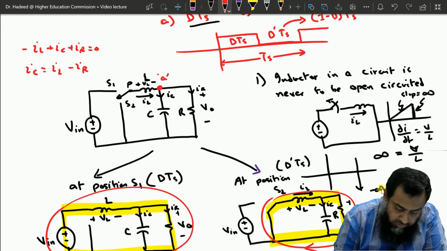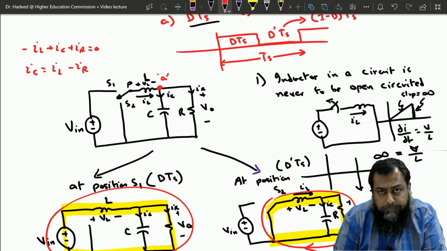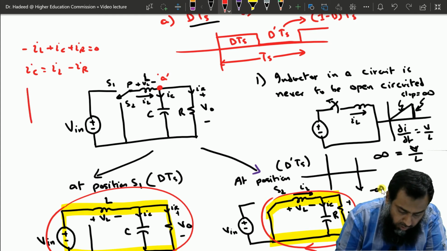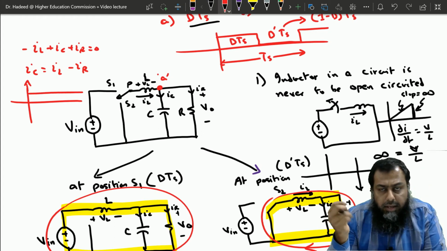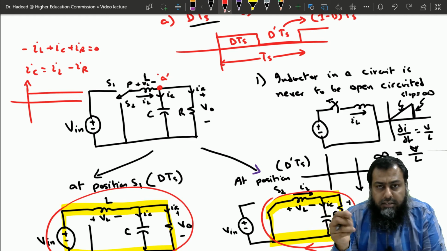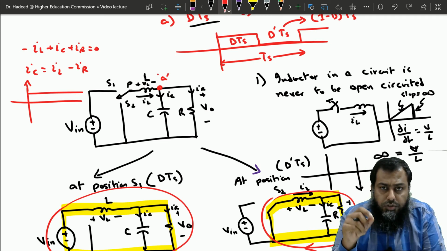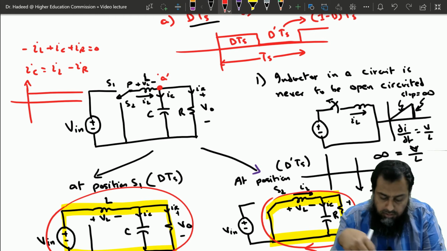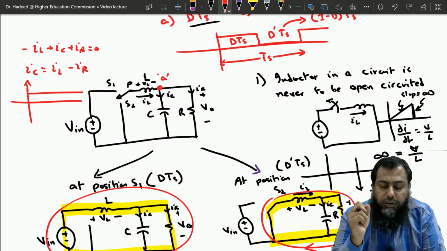When it is connected with this switch position number 2, we have the same expression for the capacitor current, and therefore if we tend to draw the current through the capacitor, it is a straight line, and therefore we cannot apply the charge second balance concept, which says that the net current in a capacitor is equal to 0 under a steady state condition. So we need to adopt a different method, a different mechanism to solve for the value of the capacitor in this particular circuit.